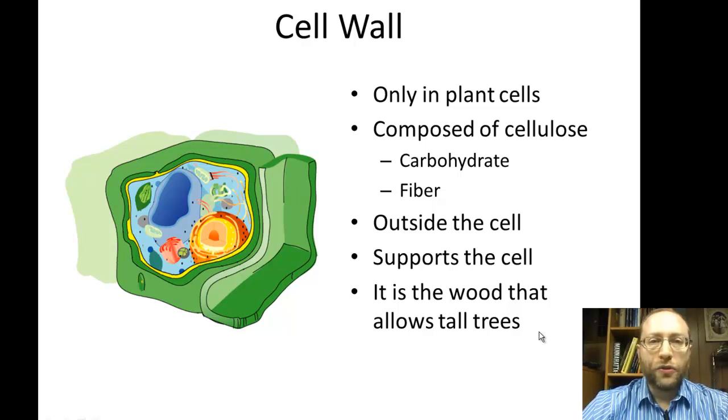So those are able to eat things like wood or grass, which are mostly cellulose. Unusual thing about the cell wall is that it's an organelle that's found outside of the cell. It supports the cell, and it's the wood that allows tall trees. So when you have your piece of paper that you're writing your notes on, that's mostly cellulose, mostly cell wall.